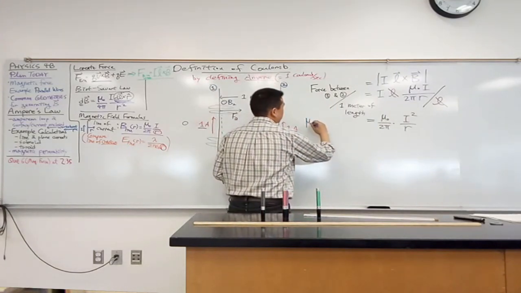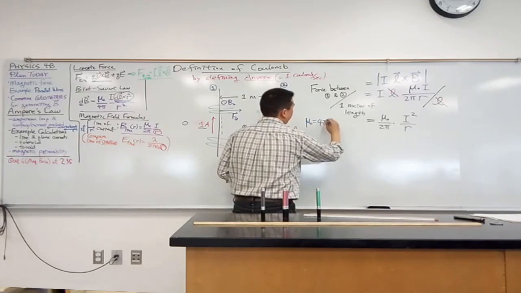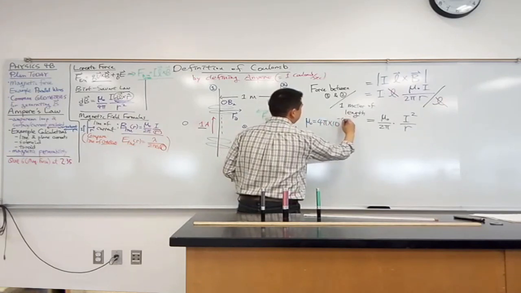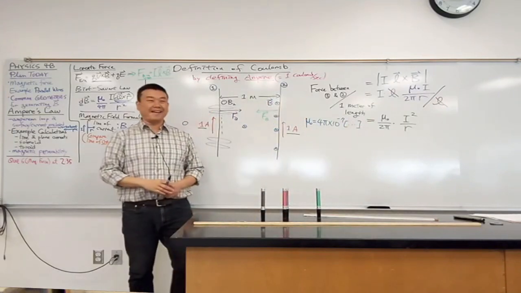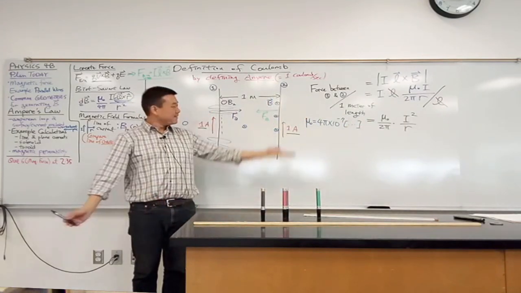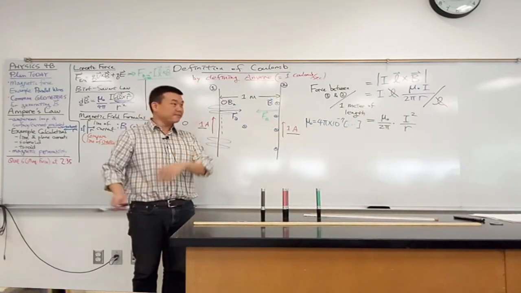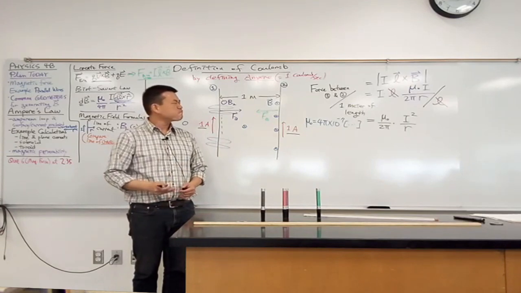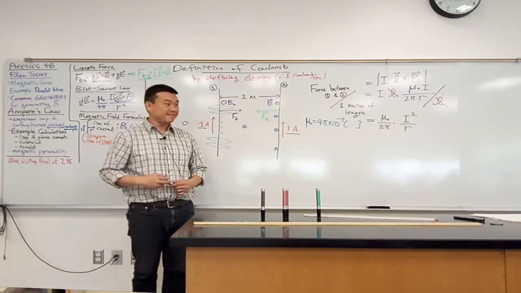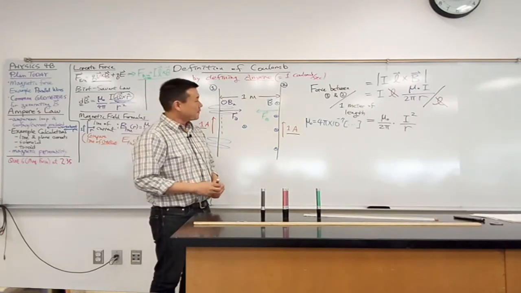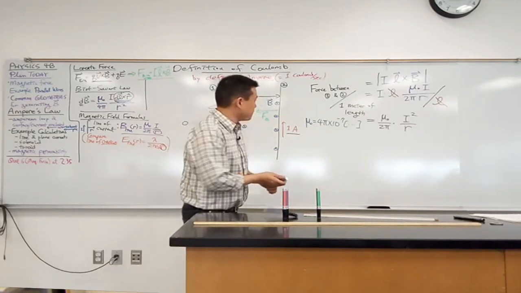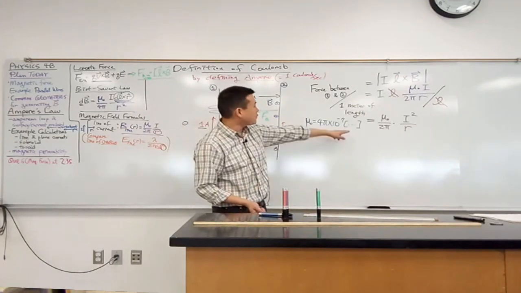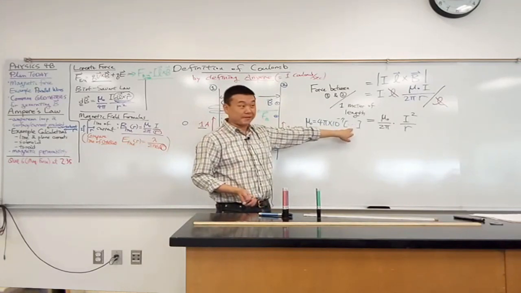Mu naught is equal to 4 pi times 10 to minus 7 times some units that we are going to figure out later. Let's plug in the numbers and see. In the process, we'll also figure out what this unit should be.